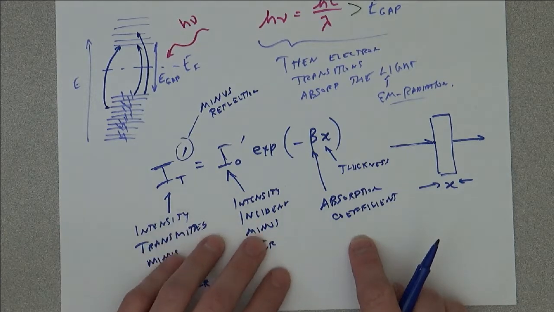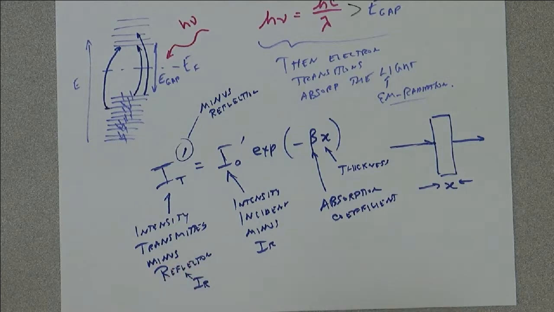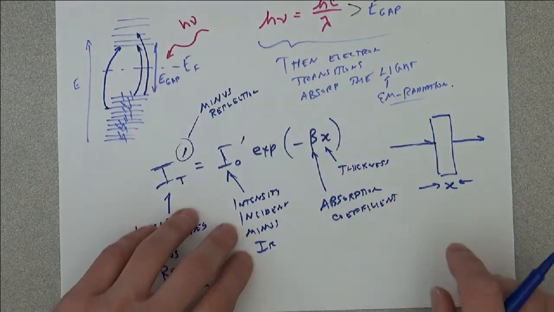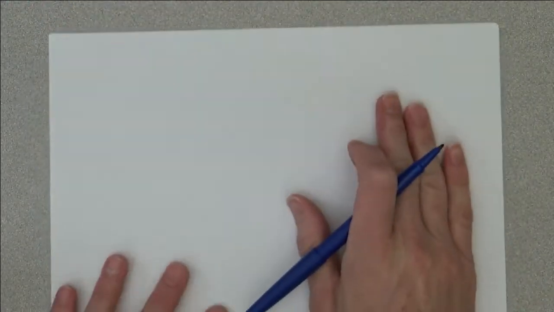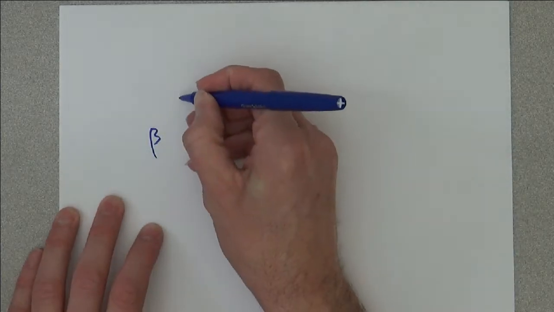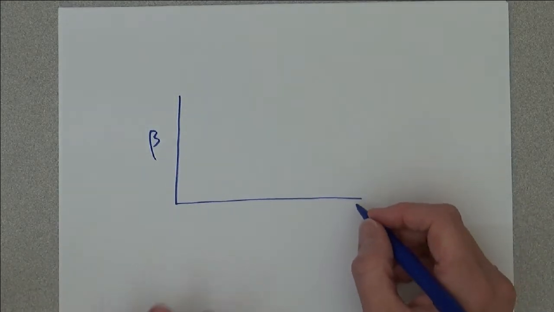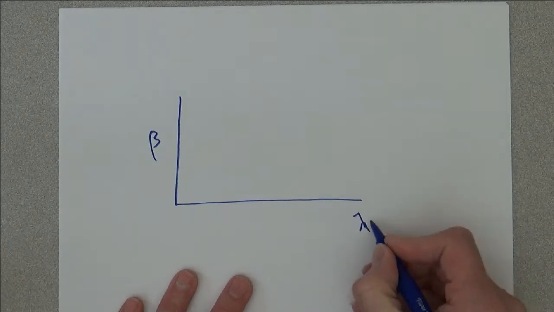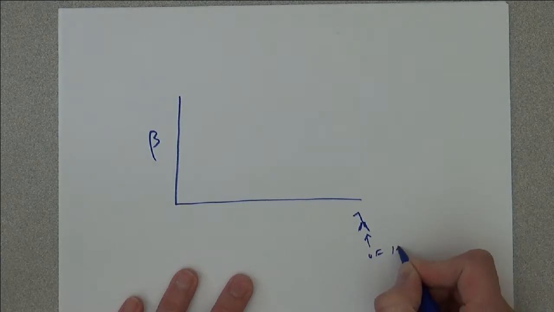That absorption coefficient is an empirical measure of the absorbed light. And what this will play out as then is we can have beta versus the wavelength of incident light.